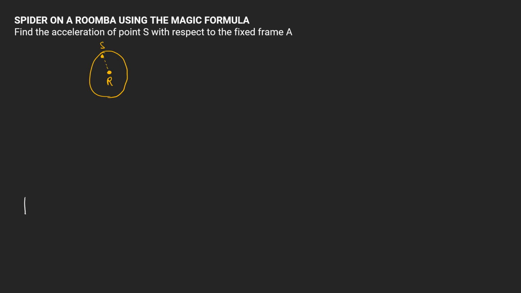And we want to find the acceleration, which involves also finding the position and velocity of point S, where the spider is, with respect to a fixed frame A. So again, we have our fixed frame here. This is frame A, and it has two unit vectors, A1 and A2, and has an origin at point L.